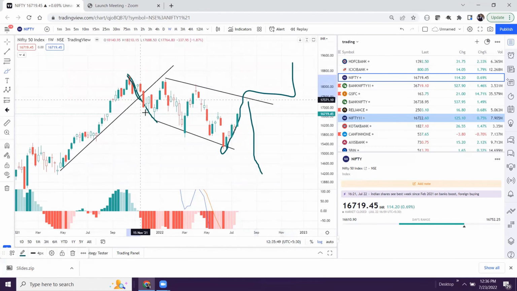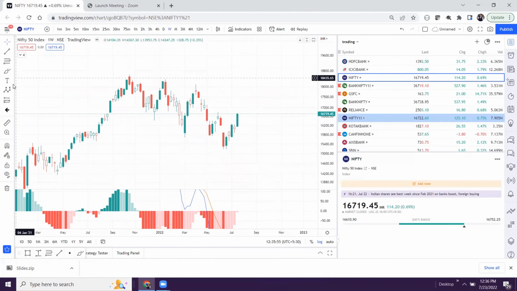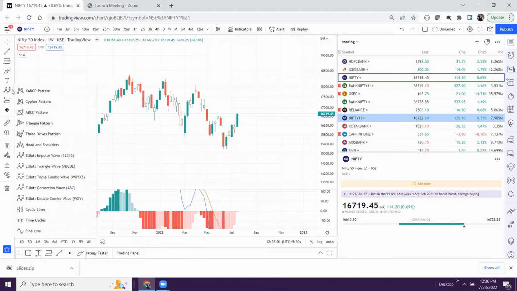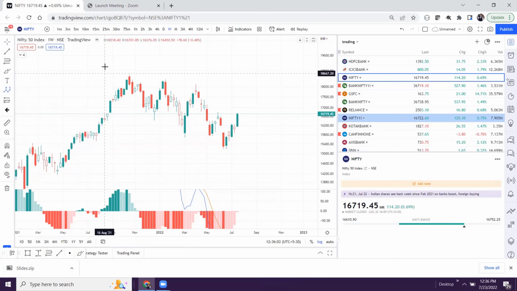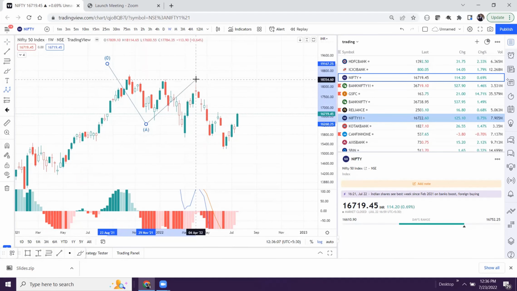See, this is one fast move down, then this can be, let me again clear this for you, this can be again one possibility, this can be b, and then let me again draw this. So you can see this can be one wave, this can be the b wave for this, and this all can be c wave.